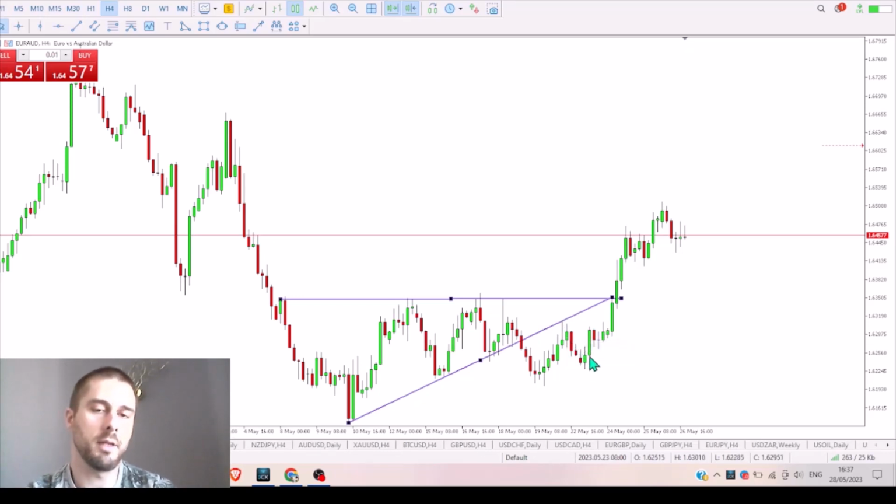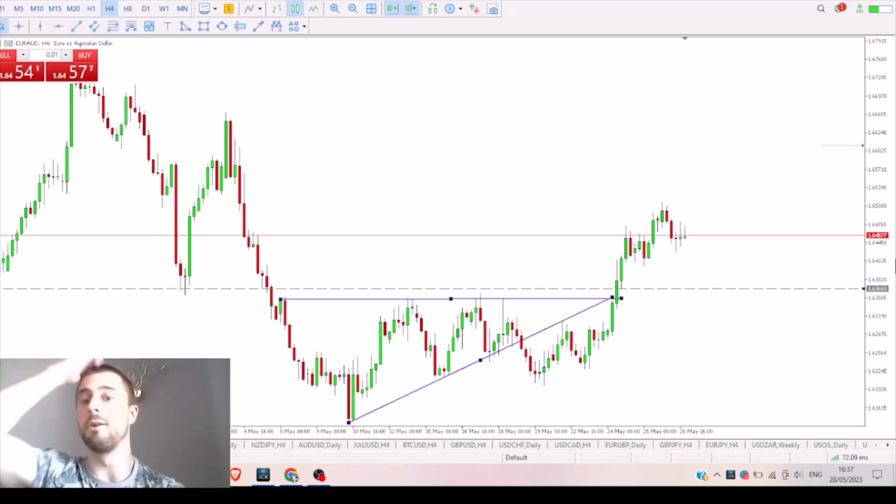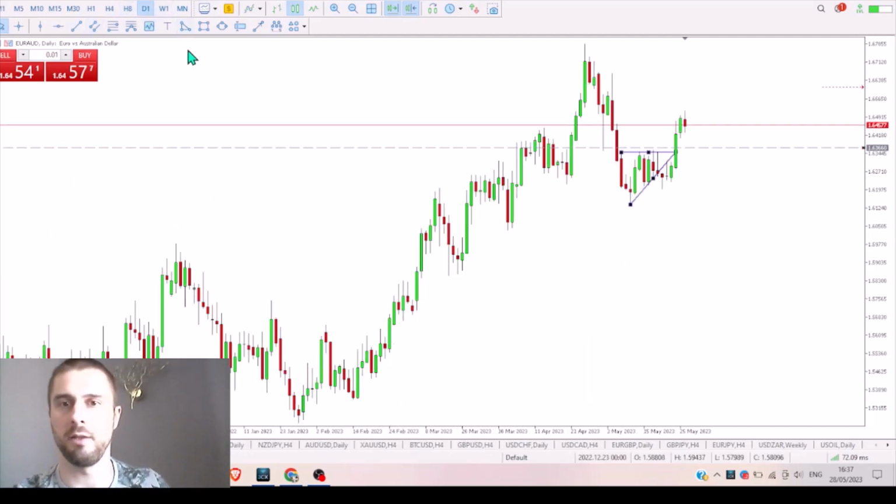Price started going down, but somehow it reversed and it hit my stop loss, which was somewhere here. So I got a loss on this trade. Okay, so currently price is moving very bullish, and I expect a further bullish continuation since we have had this strong bullish impulse.